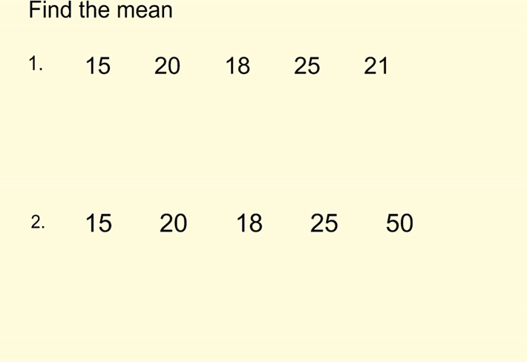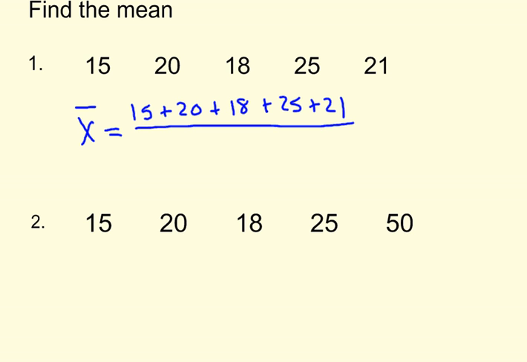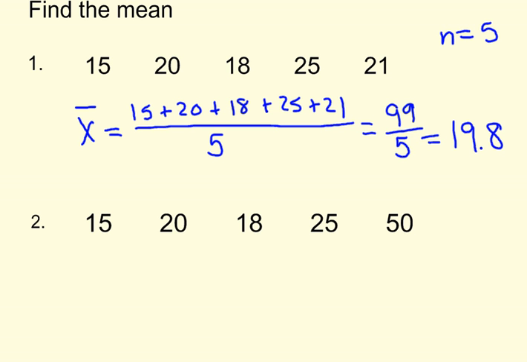Let's find the mean of two small data sets. In the first example, X bar again would be the sum of our data divided by our number of data points, which is 5, and again often represented by N. In this case, we would get 99 divided by 5, or 19 and 8/10 for our mean.